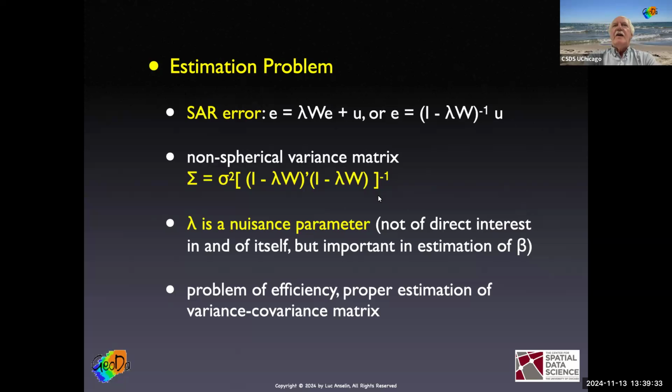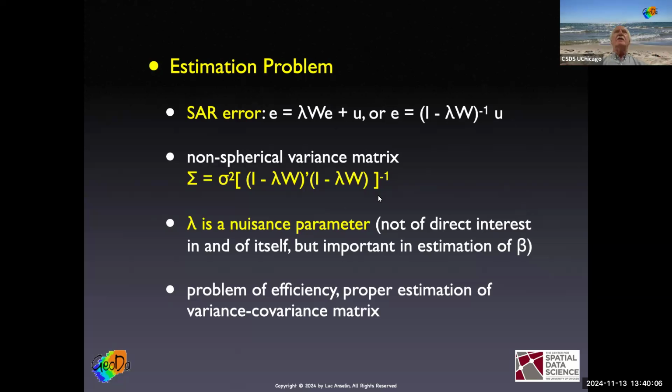So we can think of it as a parameter that helps us get a better estimate for beta, better in the sense of a better representation of the precision of the estimation primarily. But if we don't care about lambda, then we don't need to do a significance test or anything like that. So it's a problem of efficiency. It's a problem of estimating the variance covariance matrix.